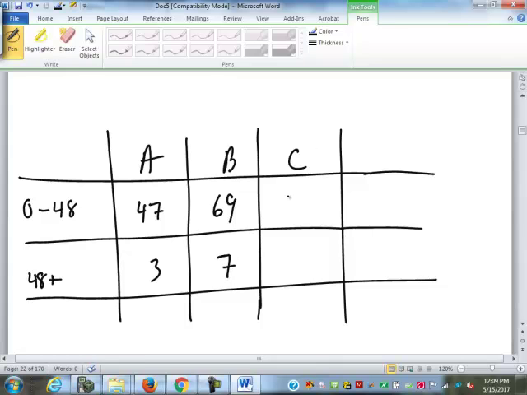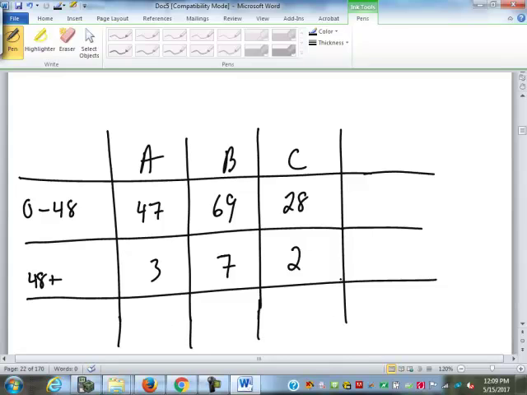At location C, we had 28 patients that were released within the first 48 hours, and we had 2 patients that were held longer than 48 hours.